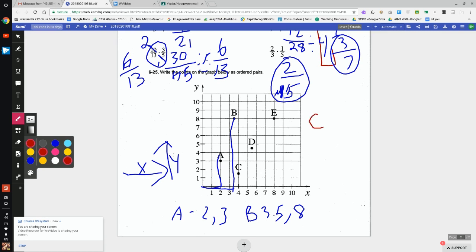For c, we are over 4, looks like up 1.5. For D, we are, looks like 5.5 to 4.5. And for E, over 8, up 8, so 8, 8.